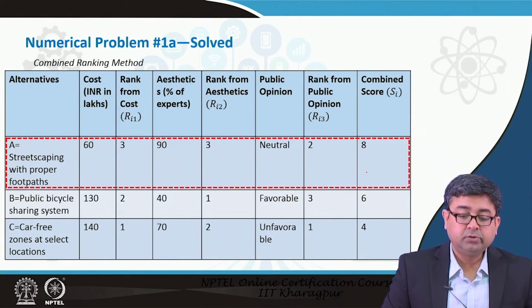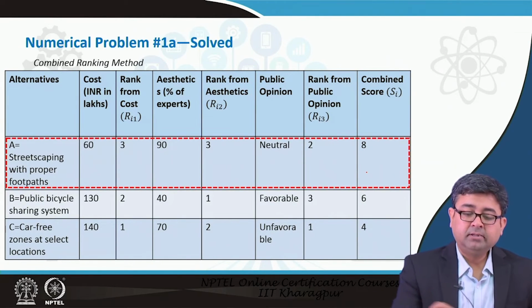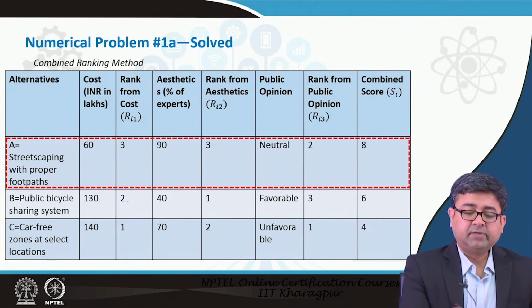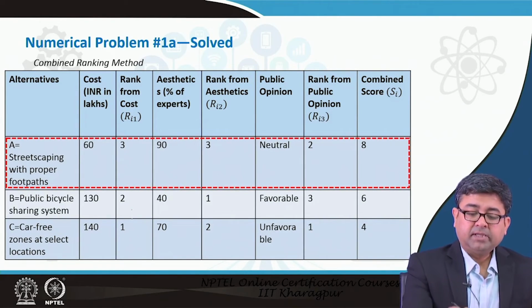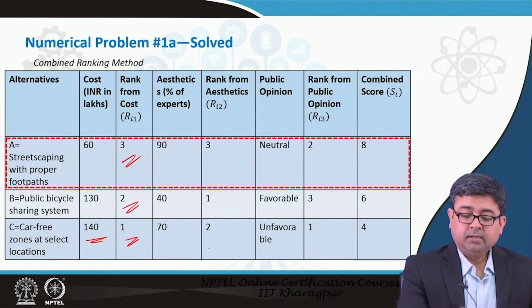If you just use the combined ranking method, you give ranks based on cost, so the most expensive, project C, gets 1, then 2, then 3. Similarly, for aesthetics, the lowest one gets 1, then 2, then 3.